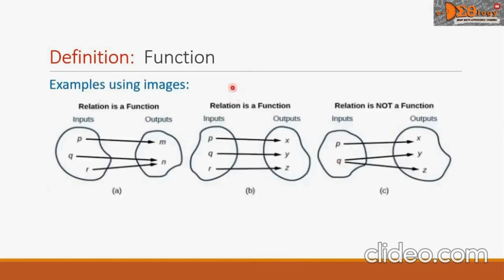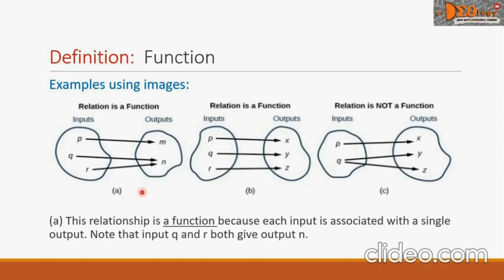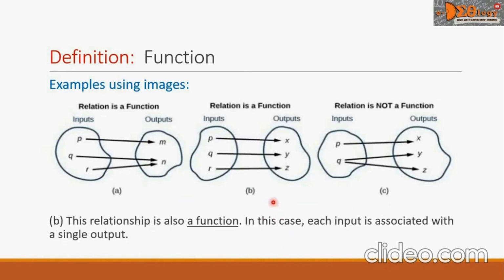Here, we're going to use images to define a function. I have here 3 sets of images. In the first image A, this relationship is a function because each input is associated with a single output. Note that input Q and R both give output N. For the second relation B, this relationship is also a function.